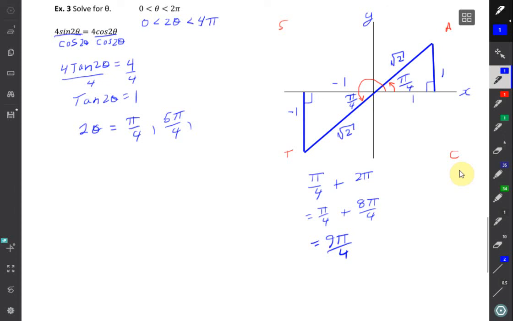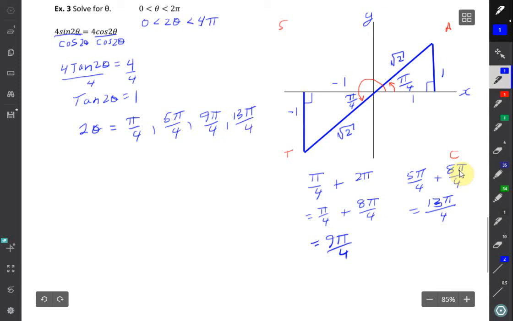Adding 2 pi to 5 pi by 4. Now once again, the denominator is 4, so now I know that 2 pi is 8 pi by 4, so that gives me 13 pi by 4. My other two values are 9 pi by 4, 13 pi by 4.